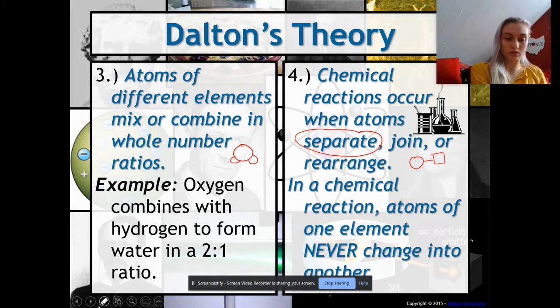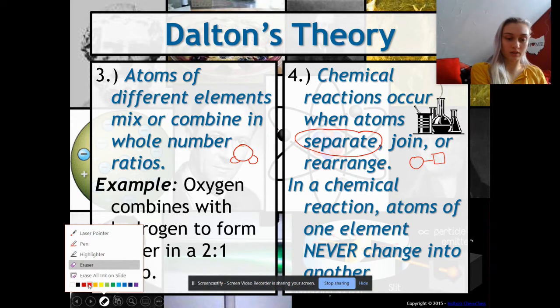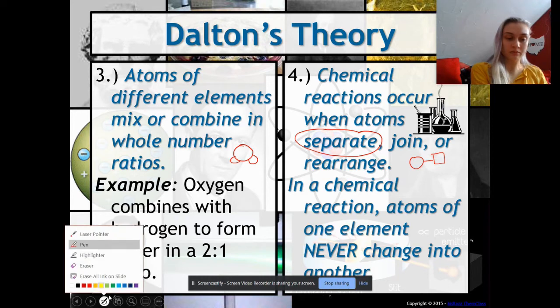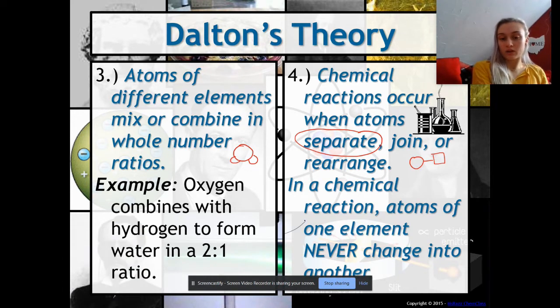Okay, so say we have, let's go to yellow this time. I feel like you're not going to be able to see yellow. Okay, so now let's say we have the circle and square bonded, and then we have the triangle separate, and then the reaction is the joining of these elements, well, the shapes in our case.